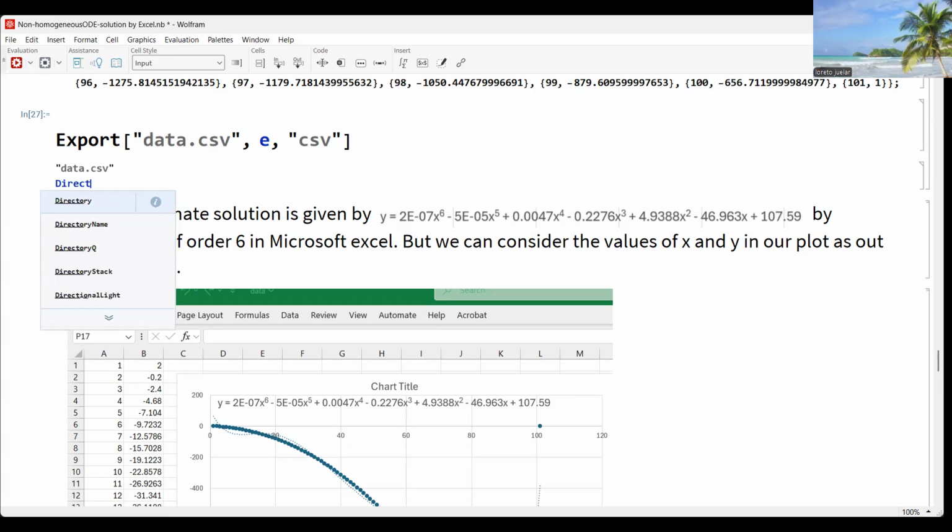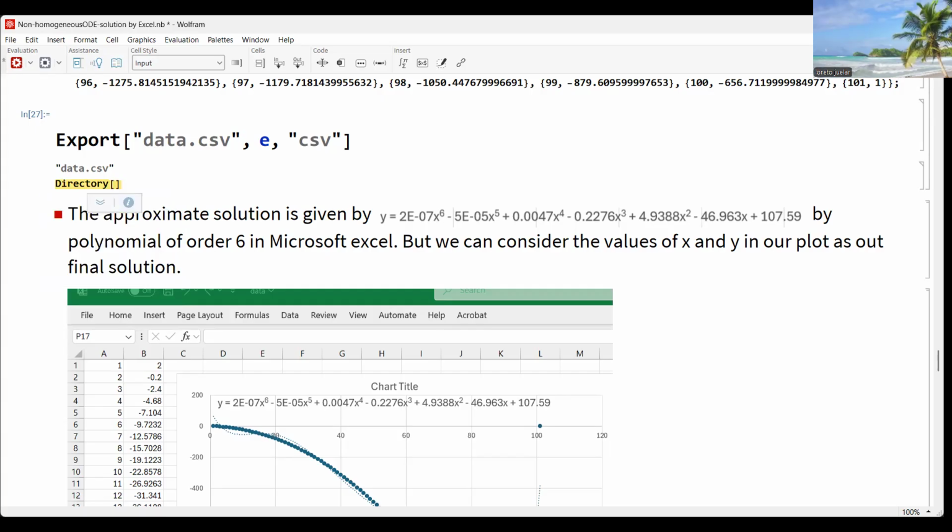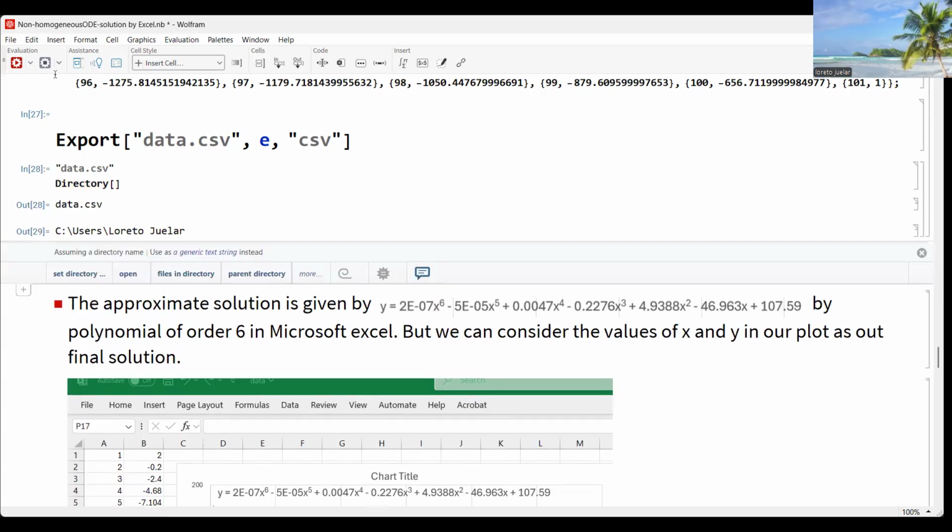So this is a directory. The directory can give you the location of the data.csv here. Okay. So it can be found in your C drive here, under Users.